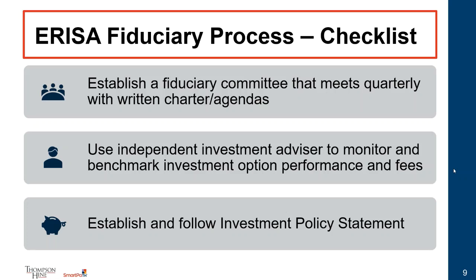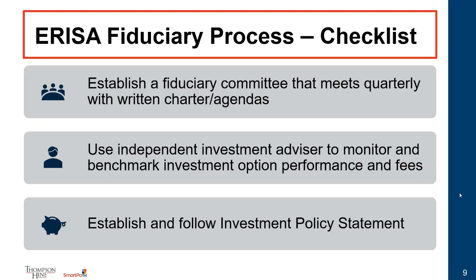There's many good ones out there that have good quarterly review processes, decks, and materials that they would then use with the committee to go through and monitor the investment performance and fees on a quarterly basis.